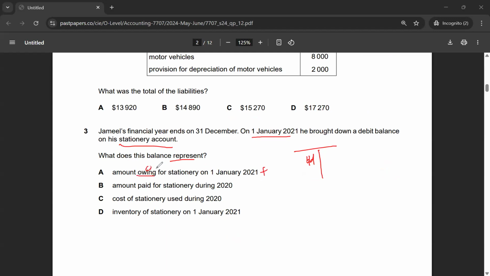This is going to be a liability, but stationery is not a liability account. Amount paid for the stationery during 2020, it's actually incorrect because we are looking at year 2021. So you can cross out B and C because they talk about 2020 and we are not concerned about 2020. We are concerned about 2021. So the correct answer for multiple choice 3 is option D. It is inventory of stationery on 1st January 2021.